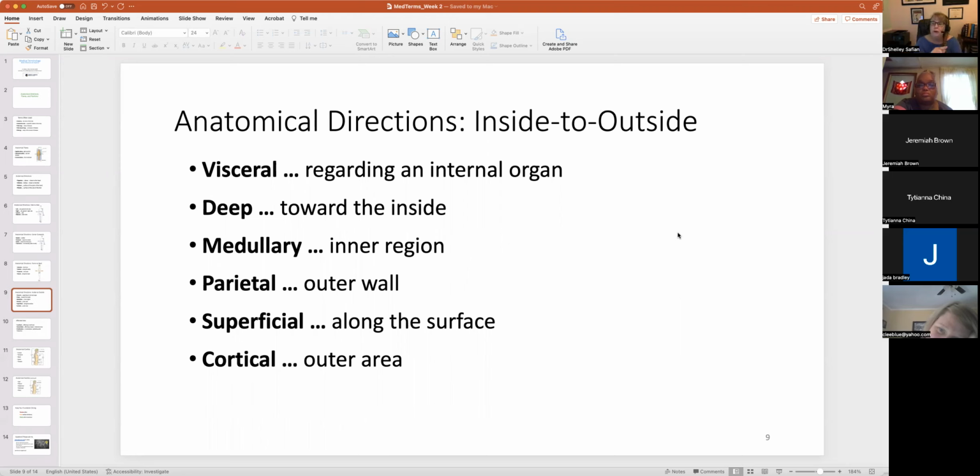However, superficial means along the surface. So if a physician is doing a diagnostic search and finds a lesion superficial of the kidney, that means that it's along the surface of the kidney, not internal, not deep or medullary of the kidney, which of course is an important thing for us to know.